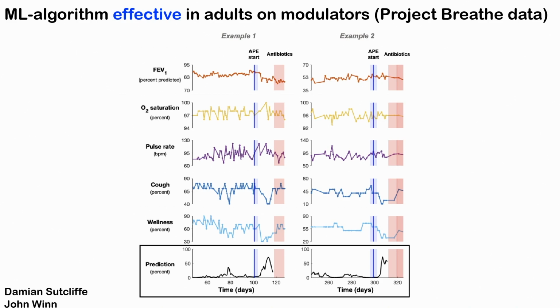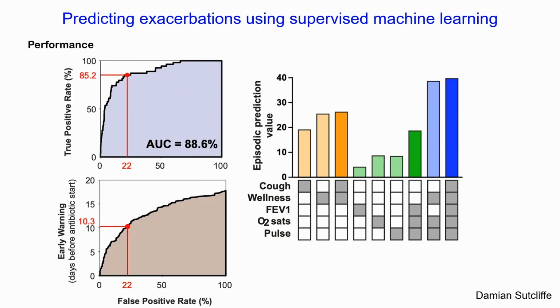This is 2 examples of participants with their physiological parameters, and with machine learning based on our smart data, we have been able to predict up to 10 days before they've got symptoms, or before they become unwell, which we're incredibly excited about, with pretty good performance.